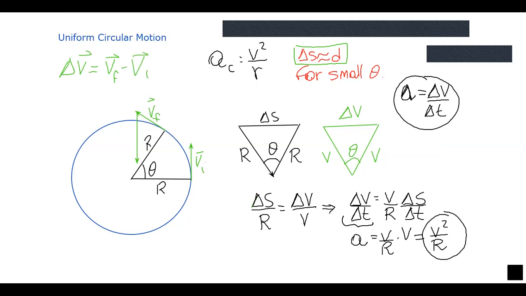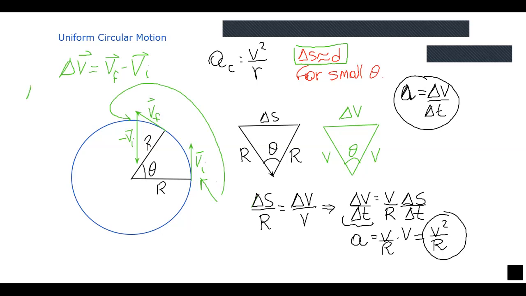So think of what this means. Recall from subtraction of vectors that if we want to subtract a vector from another one, we take the vector that we want to subtract and place it tail to head with the other vector. What this means is that we have to take V initial in this case, as I've done here. We take this vector here, and we bring it all the way here at the tip of V final and flip its direction to subtract it, so that we have V final plus negative V initial.